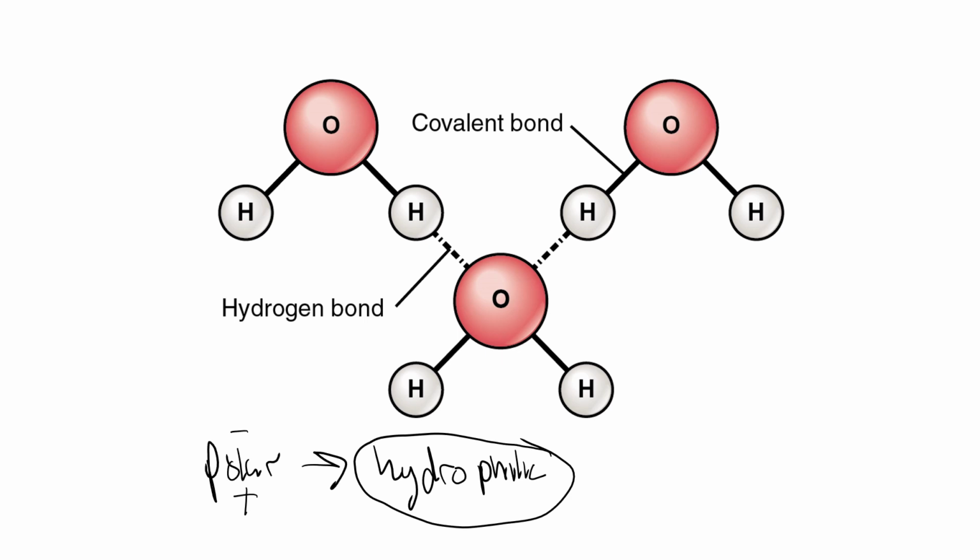So that particular polar molecule is hydrophilic. It loves water. It can coexist or bind or dissolve, whatever you want to say, in water. So you'll want to remember why polar molecules are hydrophilic and what that means.